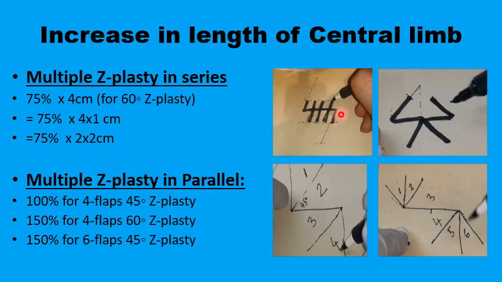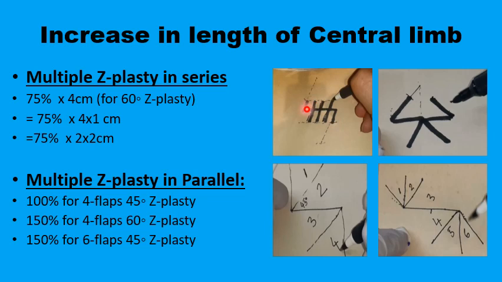If we start with the in-series type, and this is a 4 centimeter segment, if you do one single Z-plasty with 4 centimeters central limb and 4 centimeters lateral limbs, you gain a length of 75% increase to this 4 centimeters, like another extra 3 centimeters, because we've used the 60 degrees type.